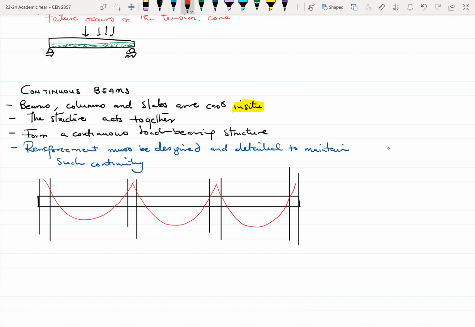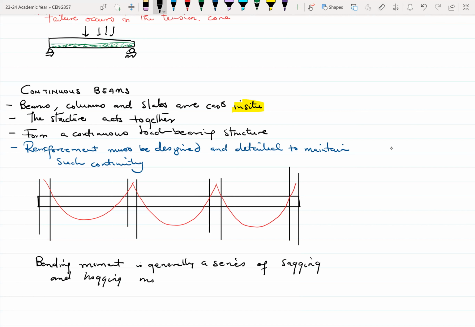So pretty much what this means is that the bending moment is generally a series of sagging and hogging moments.